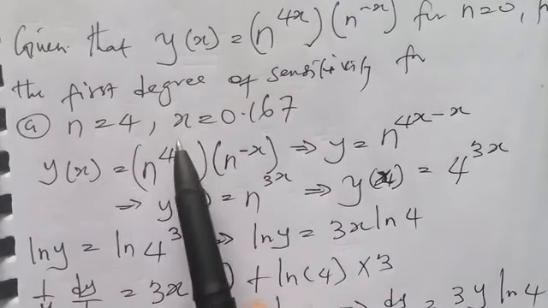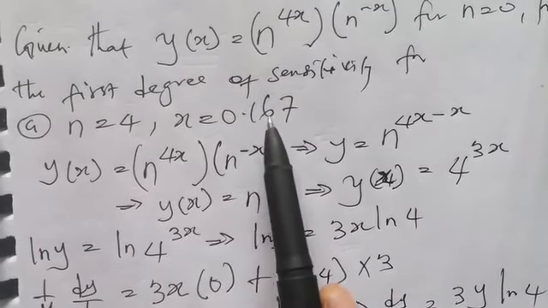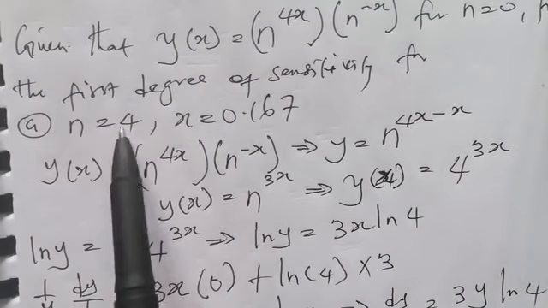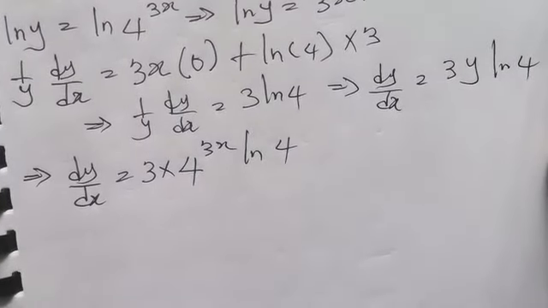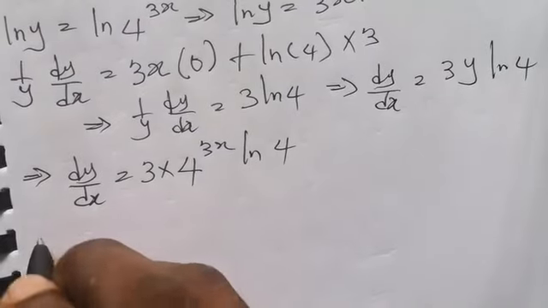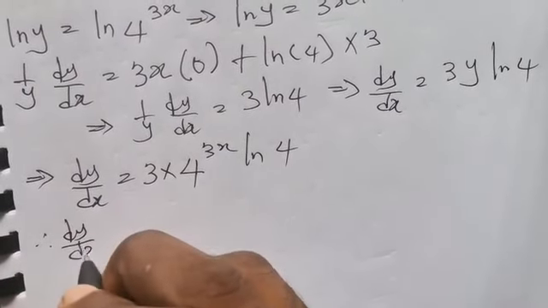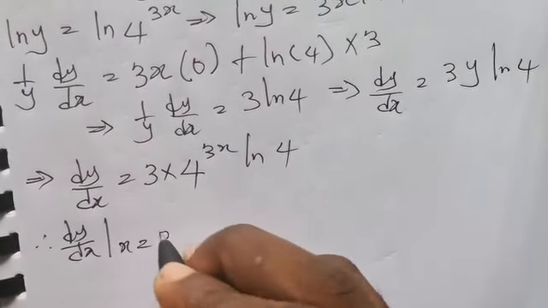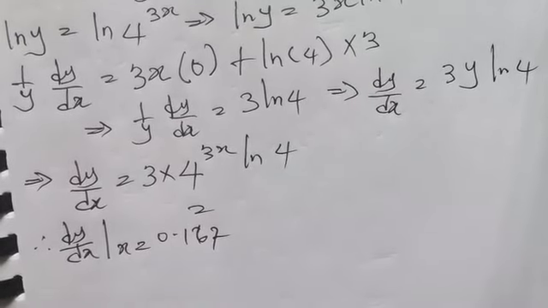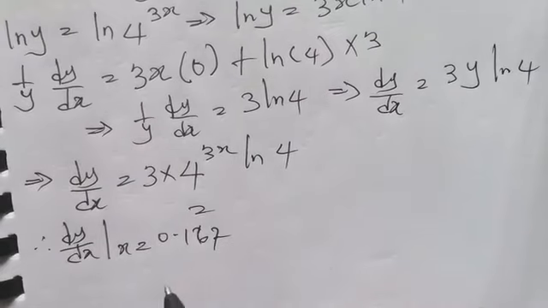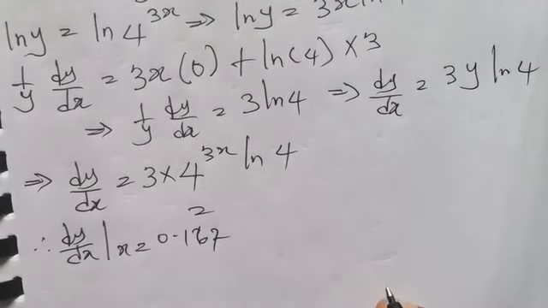So you find sensitivity when x is 0.167, since we've considered when n is 4. So dy/dx at x equals 0.167 is now going to be equal to, wherever you see x in this derivative, put in the value 0.167. That becomes the sensitivity value of that function.